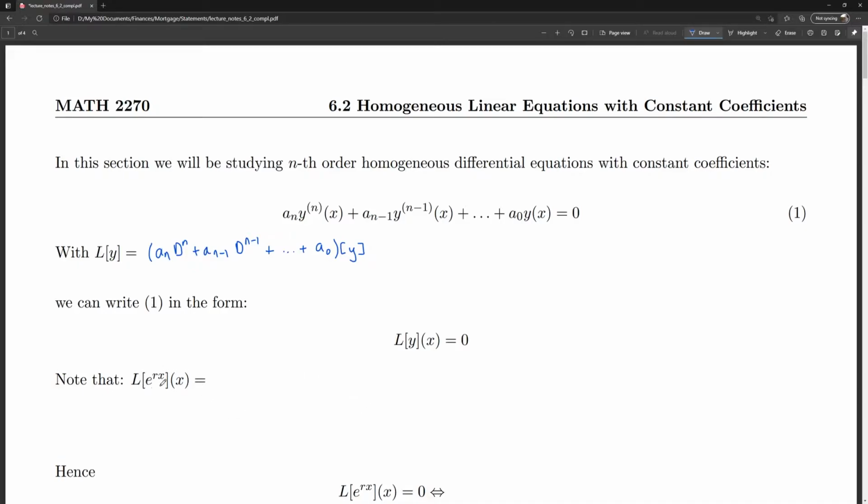Now, if we plug in e to the power rx into our operator, what we get is the following.